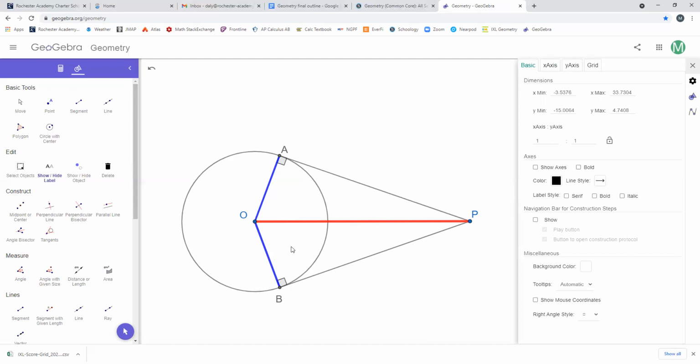Well, SSS would need 3 sides, and we don't have 3 sides. We have 2 sides and an angle. So it's not SSS. It's not SAS because, while it has 2 sides and an angle, the A in SAS is between the 2 S's. So we would need the angle to be between the 2 sides.